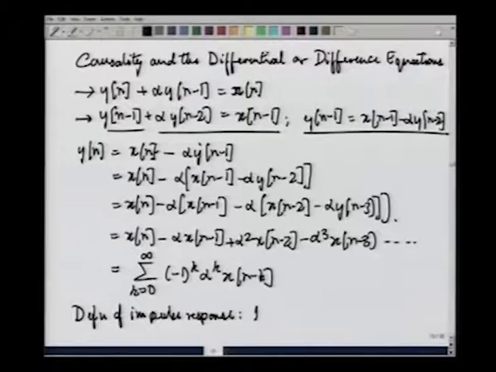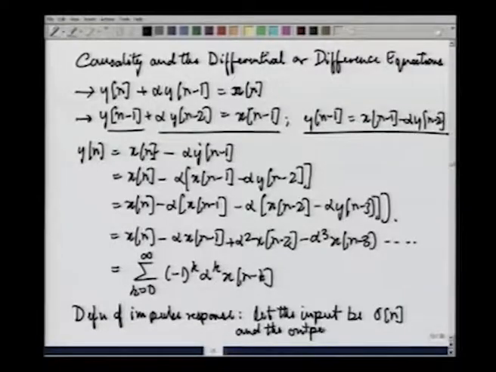The definition is: let the input be the discrete impulse delta[n] and the output will be h[n]. So, let us do that over here.